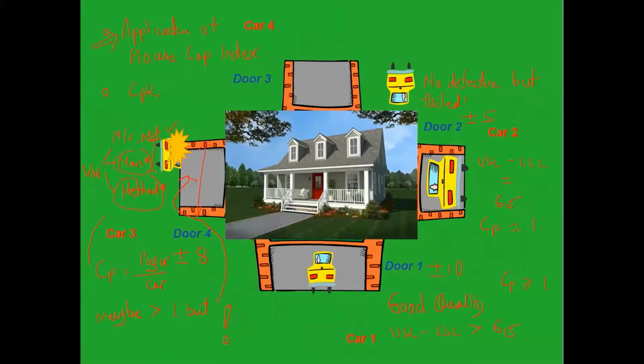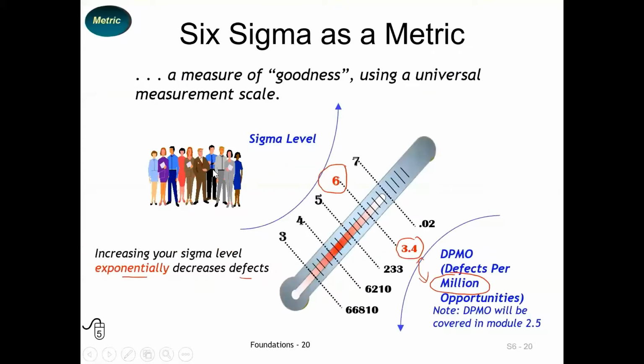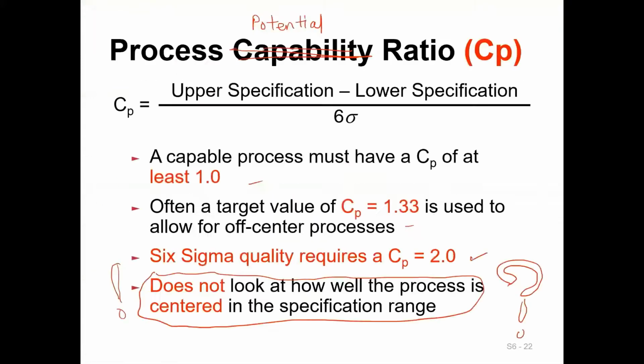Car is smaller than the gate, and when you calculate CP, CP is also more than 1. However, the car hits the gate. So how to address this? We're going to address this by using another process capability index with the name of CPK.